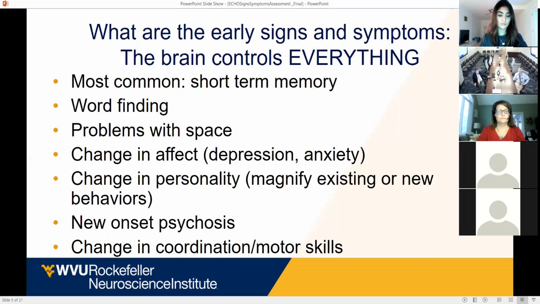Now, your brain takes care of more than just cognition. So sometimes we'll see new onset symptoms that are more related to behavior: changes in affect, like depression or anxiety, or changes in personality. A lot of people think that when you have a neurodegenerative condition, your personality changes. Sometimes you can have new symptoms that you didn't have before.